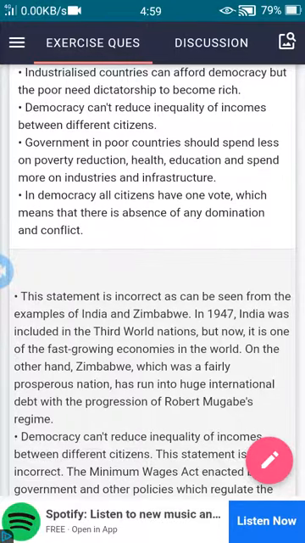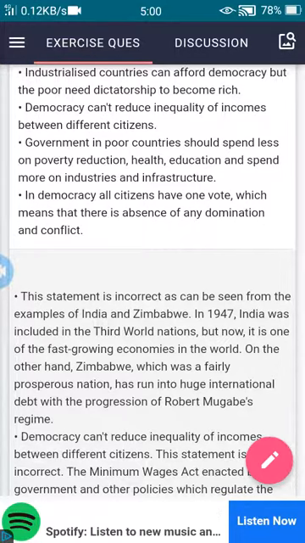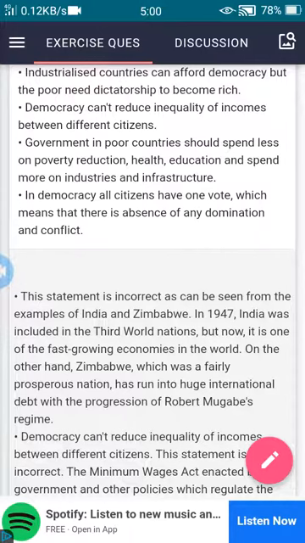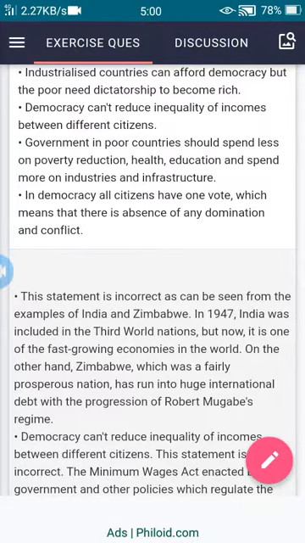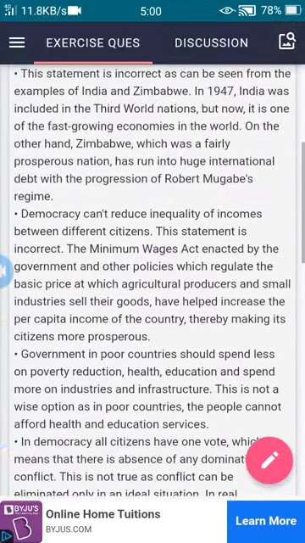First one, industrialized countries can afford democracy, but the poor need dictatorship to become rich. Here the answer you can write. The four options are there. This is a 5 marks question.